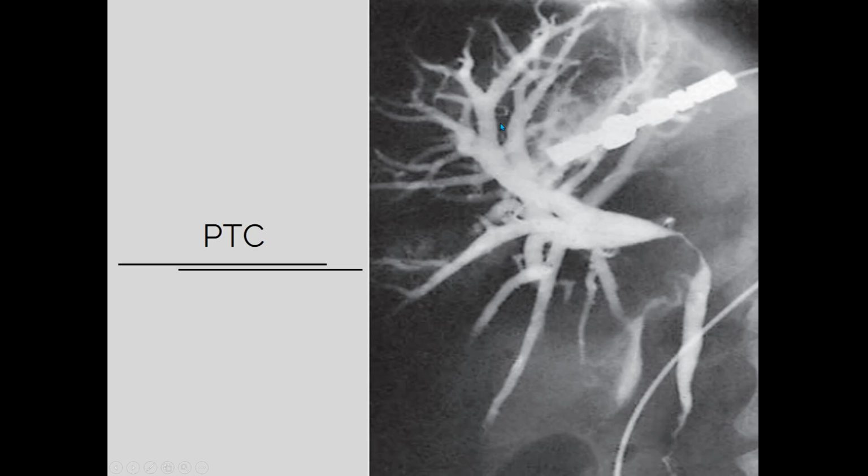Okay, the intrahepatic ducts all are dilated. And along with that you can see that there is some narrowing present at the junction of right and left hepatic ducts. Okay, and you can see that this is smooth narrowing. Tapering is smooth. This is not irregular, but yes, there is some narrowing present.